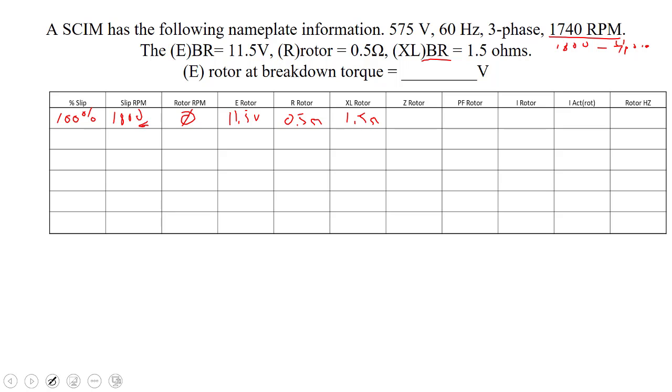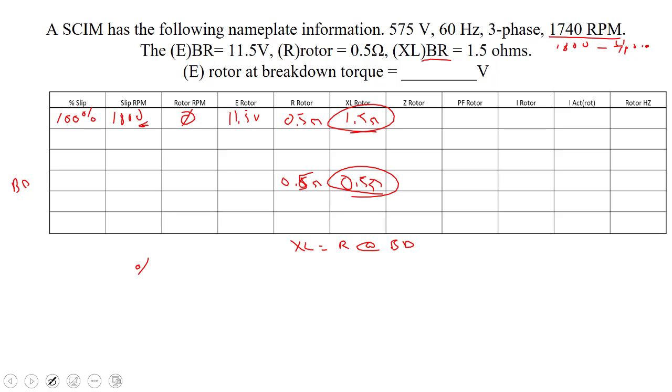Okay. So how do we determine what our percent slip is at breakdown? Well, we know that at breakdown levels on this rotor, the resistance is constant, 0.5, and that XL is the same as R at breakdown, so 0.5. Now we're going to use these two values to figure out what percent slip we're at.